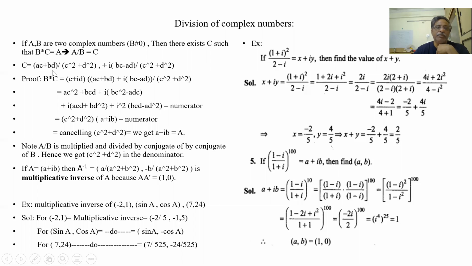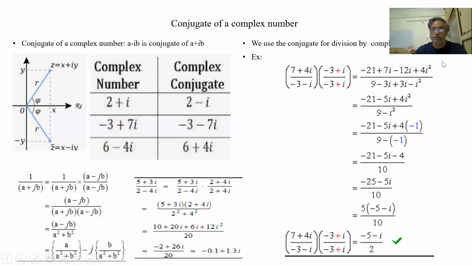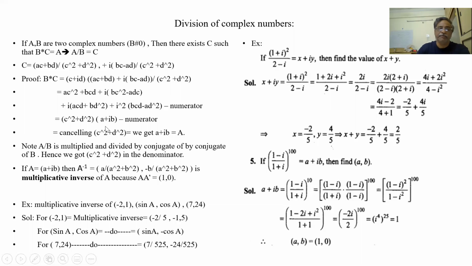So this c has come up by using the conjugate of B. In place of C plus DI, I am putting C minus DI, so I am putting the bottom C square plus D square. So A into C minus DI. When I multiply this, I am getting AC plus BD plus i into BC minus AD. These are the examples we have done to understand this concept.